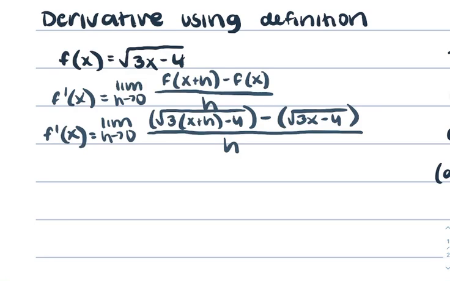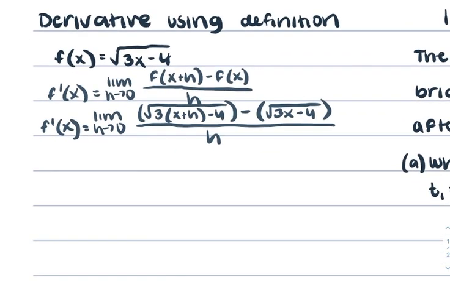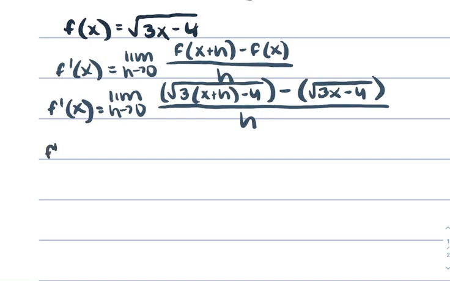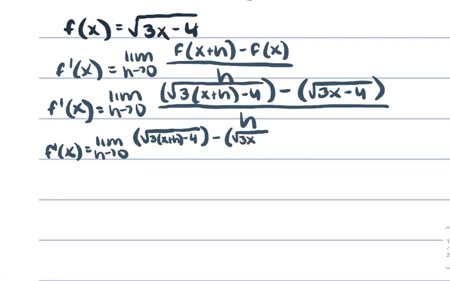The next thing we need to do from here is actually multiply by the conjugate. And because we're multiplying by a conjugate, we'll be able to get rid of the square root. So f derivative of x equals limit h to 0 of square root 3x plus h minus 4 minus square root of 3x minus 4 divided by h.